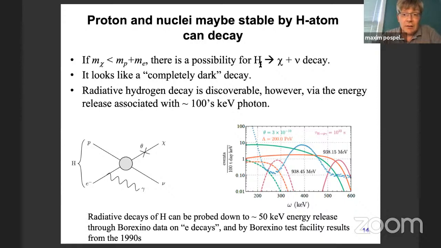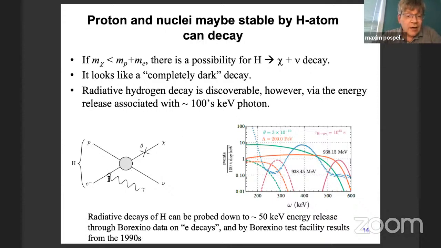So this is the dark fermion, and this is the neutrino. This is a completely dark decay. So at first it looks like a hydrogen disappearance, and this is a very pessimistic signature because there's a lot of hydrogen.